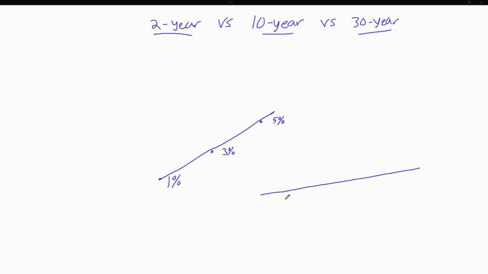It's still going upward, but it might be 1% for the 2-year, let's say 1.5% for the 10-year and 2.5% for the 30-year or something like that. It's still going up, but you can see that it's much flatter. They call that a flat yield curve and so forth.